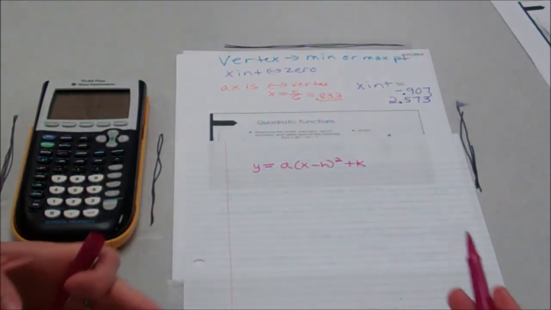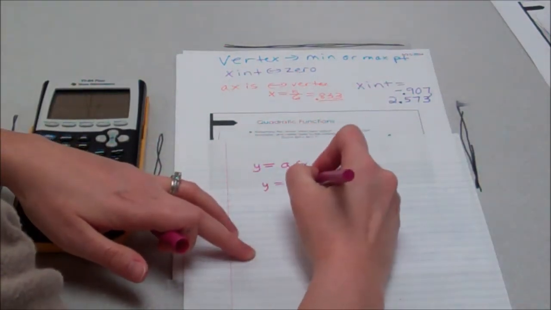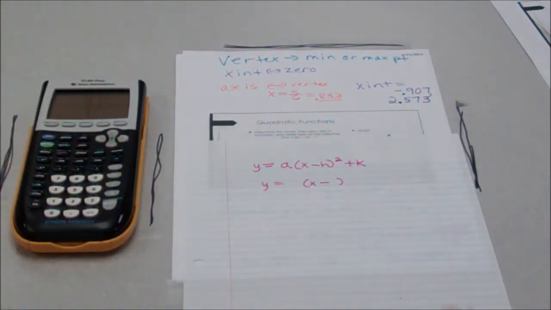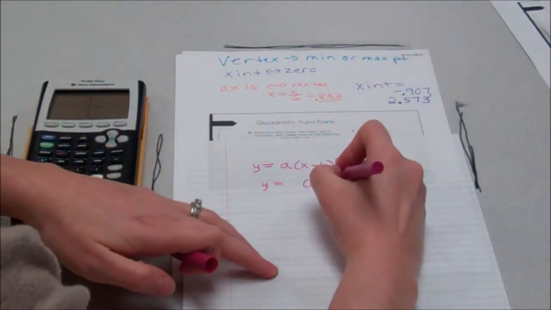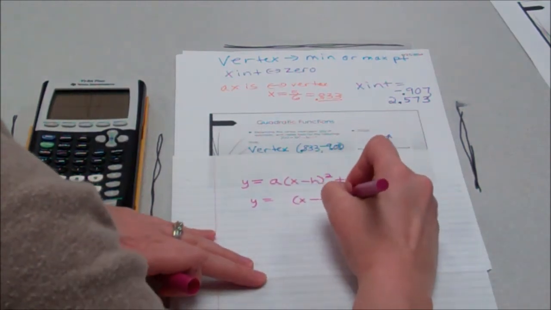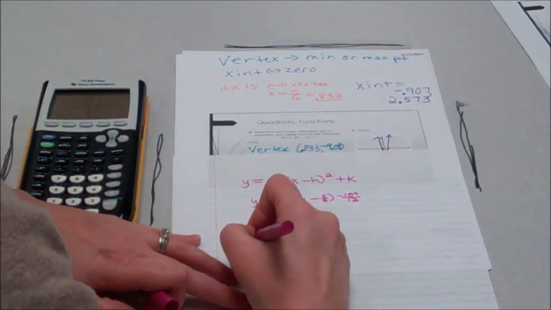All right, so where do I fill things in? What do I leave alone? Well, x and y are a good bet to leave in the equation. H and k are the vertex, or your minimum point. So I just get those numbers from my work from before. So you can write it using the fractions, or you could write it using the decimals.